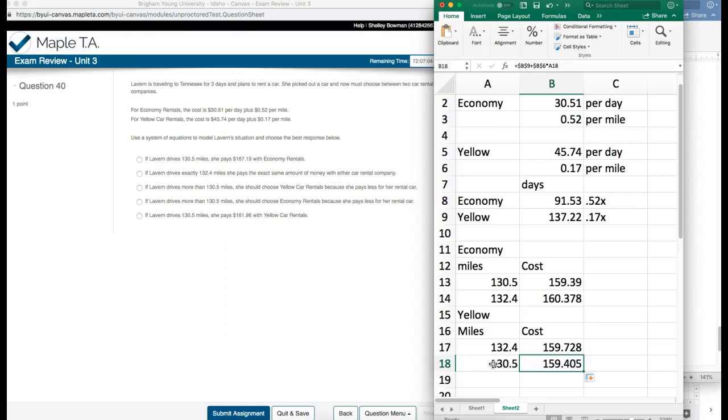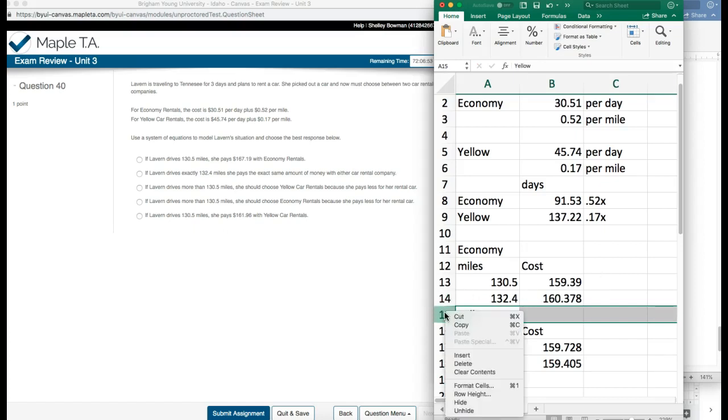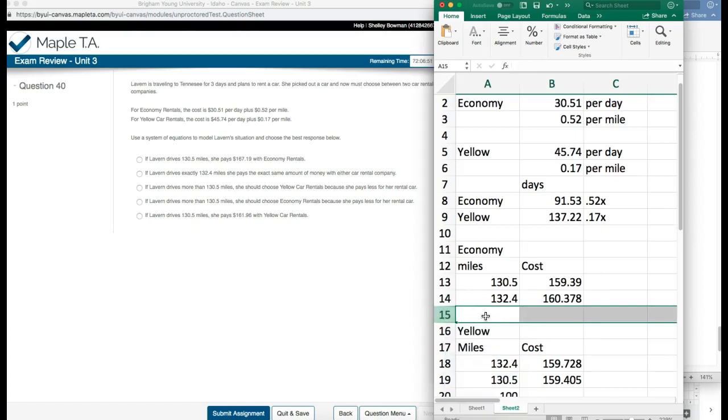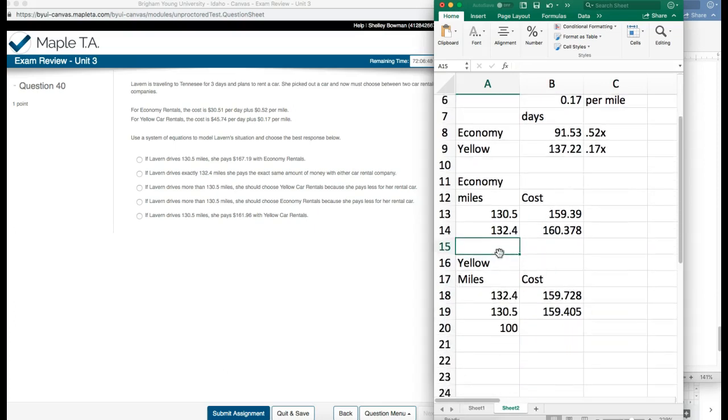If we were to continue going back, let's just say that she drove 100 miles, and we could do that here too. Let's insert some more room right here. Let's also find 100 and see what it would be for each. We can see that the yellow car rentals are higher on these lower miles, but let's go a little higher.